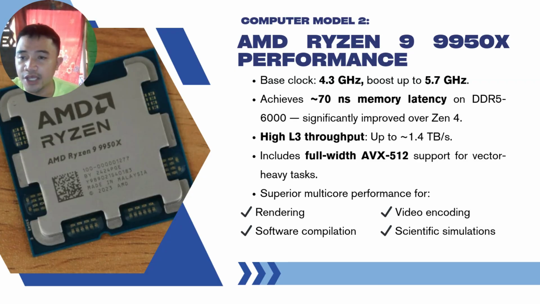The Ryzen 9 9950X operates at a base clock of 4.3 GHz and boosts up to 5.7 GHz. It has extremely fast cache performance with up to 1.4 terabytes per second of level 3 throughput. Its level 1 bandwidth exceeds 10 terabytes per second, which helps speed up memory-intensive tasks.